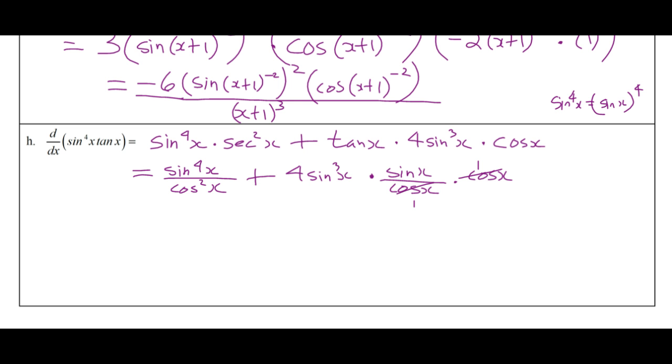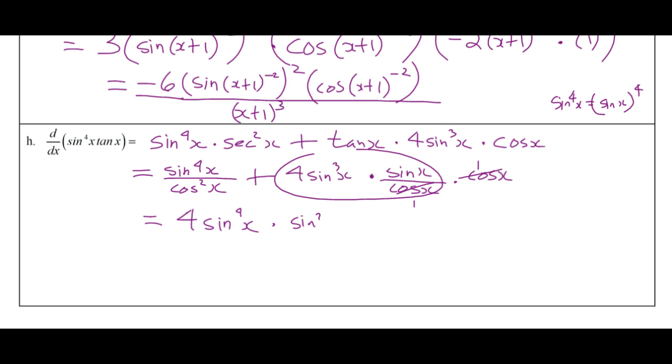Okay, now what? So I could go, well, that's going to be 4 times sine to the fourth x, right? So 4 sine to the fourth x. I could go sine squared. So let's do this.